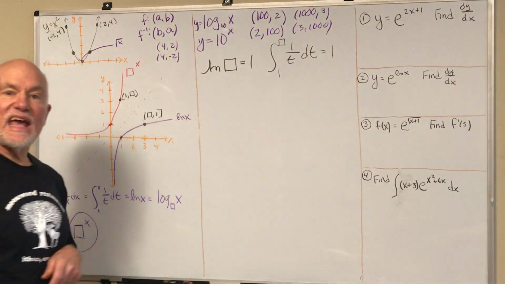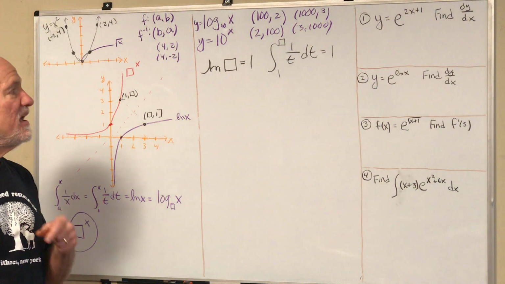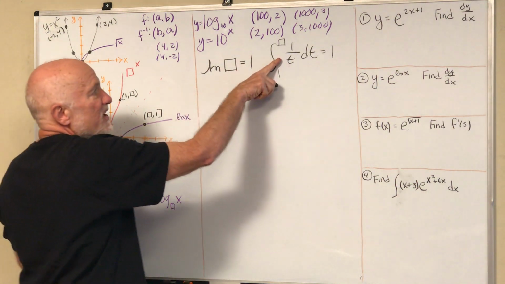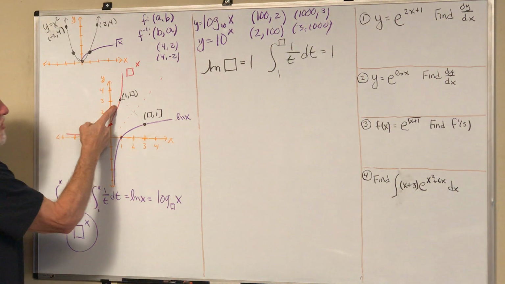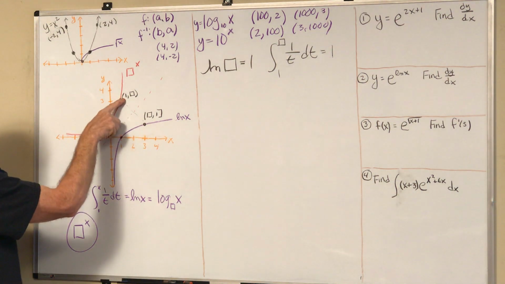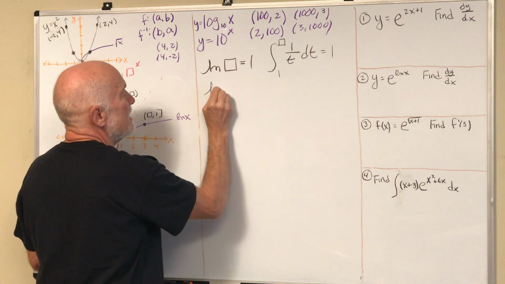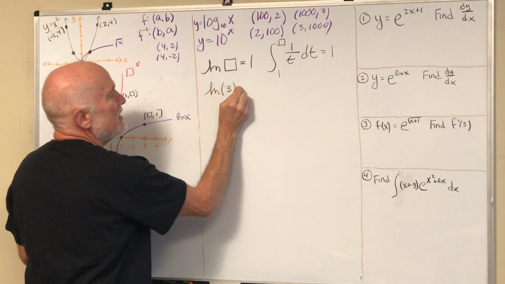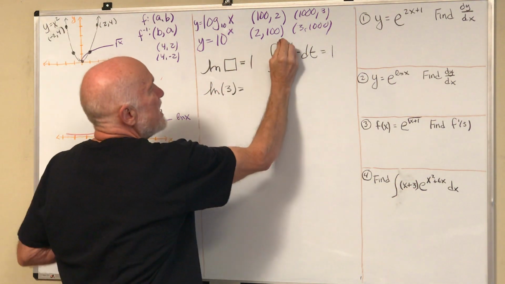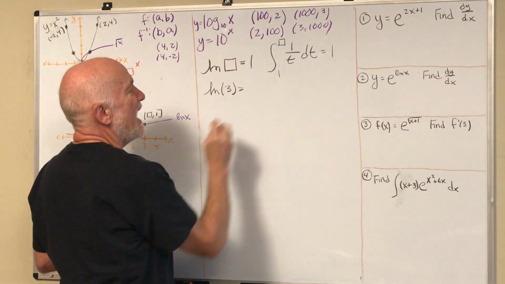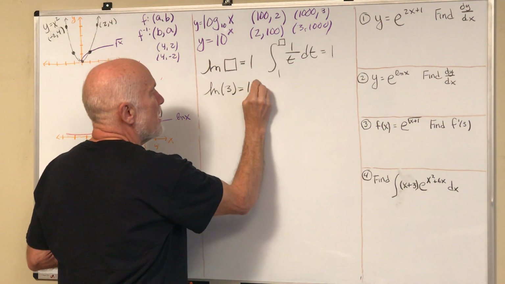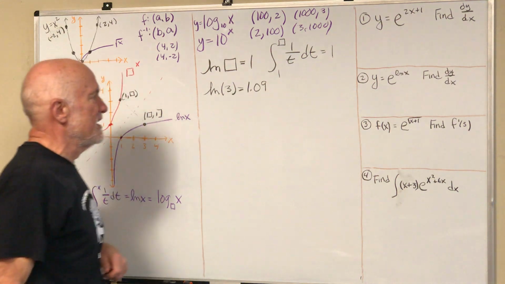So what I did is I got out my graphing calculator and did some integrals. Now I could look at my picture and it looks like the box is approximately 3. So I plugged 3 in, and I got approximately 1.09.